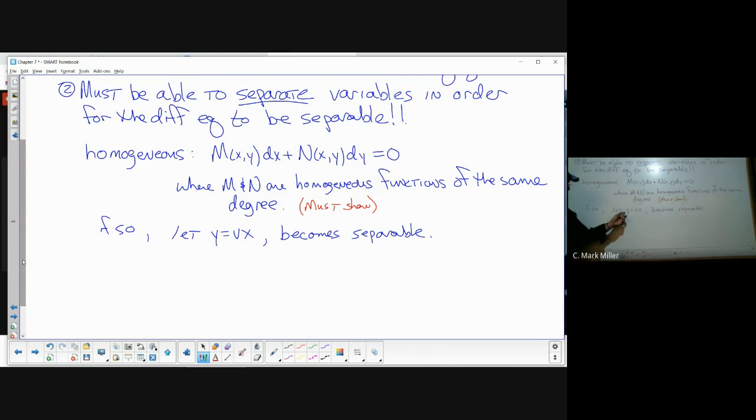And then y prime is v plus x dv/dx, right? So that's the homogeneous. Now, if it's not homogeneous and it's not separable, the only other one we did was first order linear. That's where you let u of x is e to the integral p of x dx, but you got to integrate to do that.